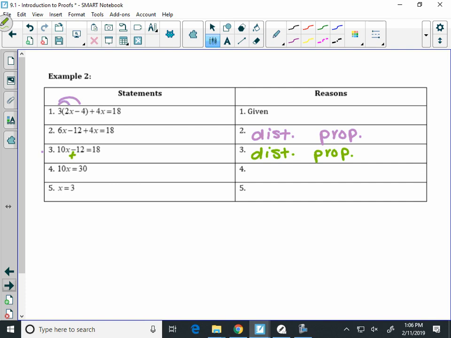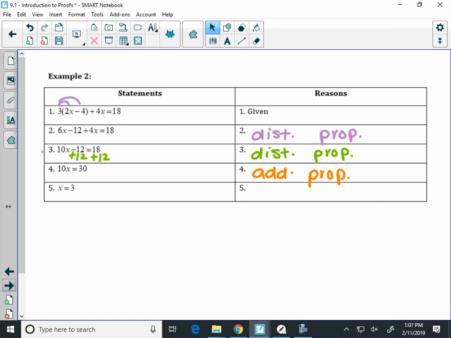Yeah, we used the addition property because we added the 12 on both sides. So to get step 4, we use the addition property. So I'm going to put add prop for addition property as my reason for step 4. And then what do we do from step 4 to step 5? We use the division property because we divided both sides by 10.